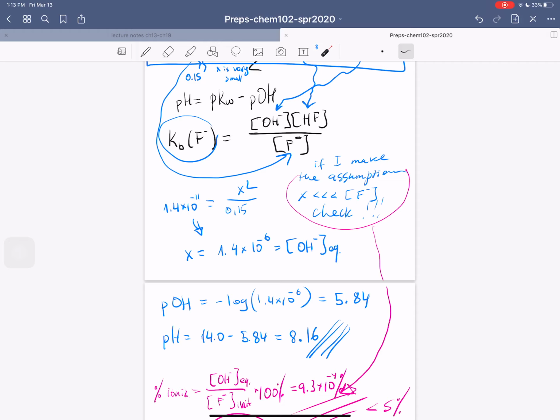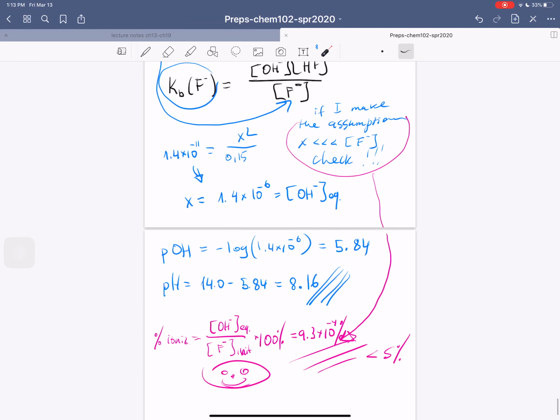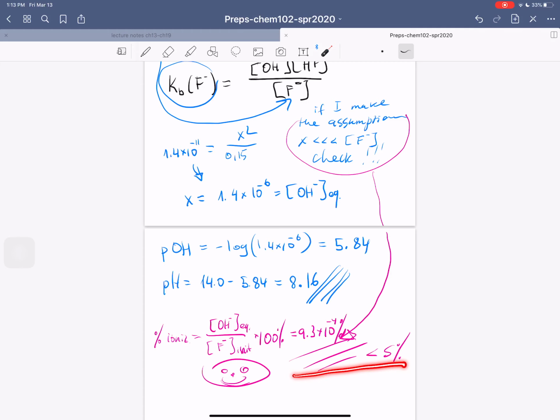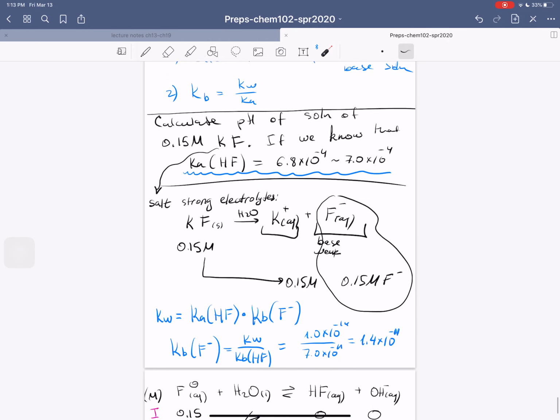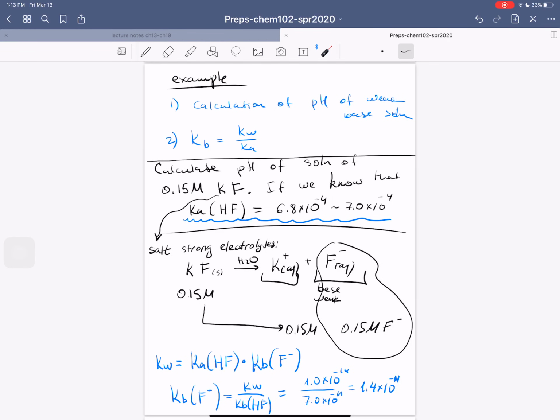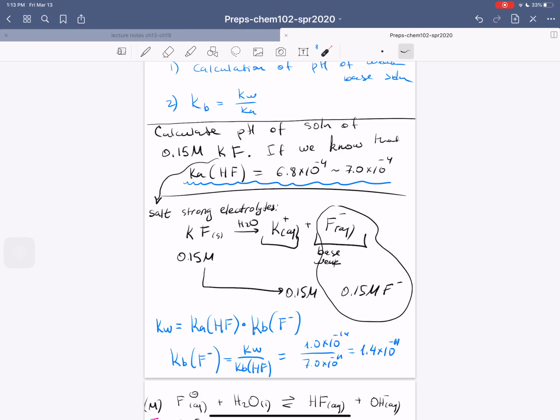If we change the concentration, we change the pH. Of course, we checked our assumption, and our assumption was perfect, it was less than 5%, so we don't have to go back and solve the quadratic equation. And again, it is very important to pay attention to the fact that we were given the value of the Ka of hydrofluoric acid, even though we're talking about a completely different compound. Why Ka?